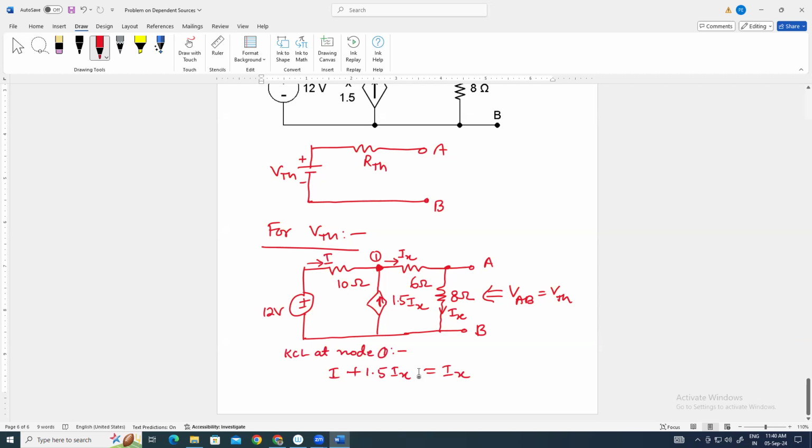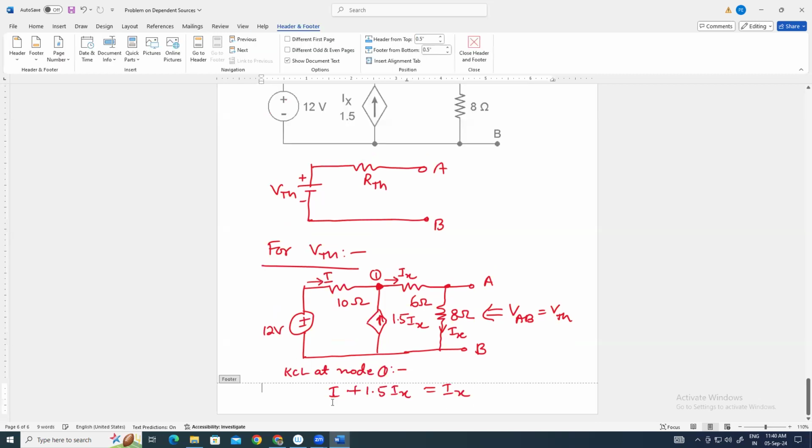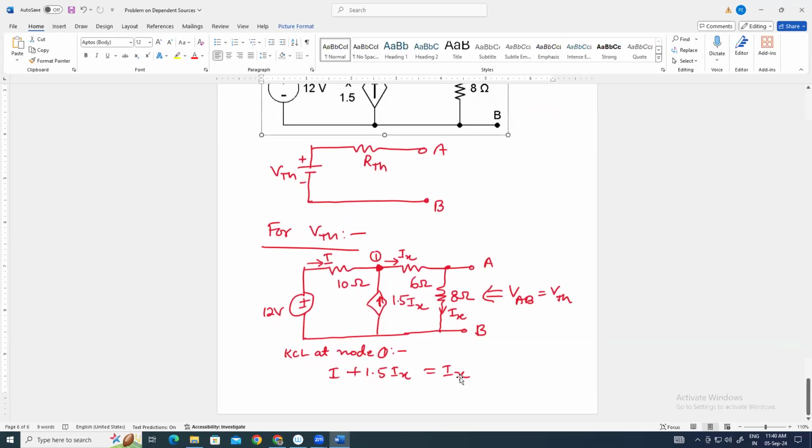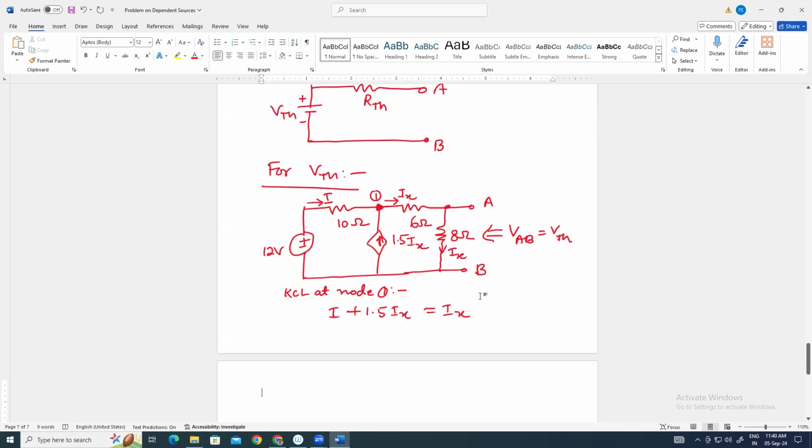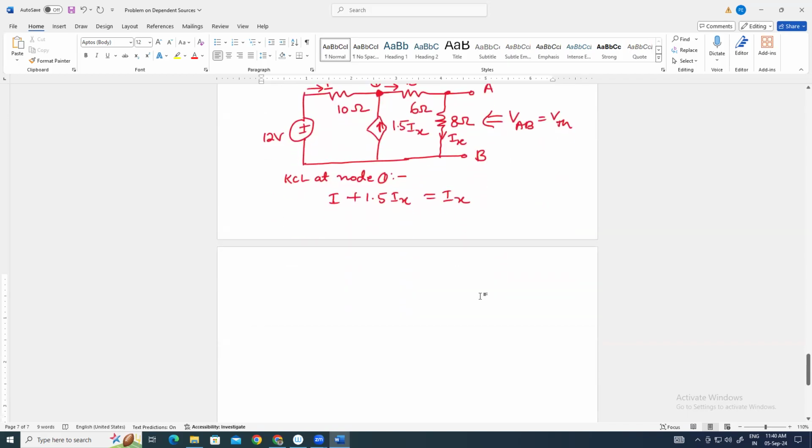Okay, so it means I is nothing but I is equal to minus 0.5 Ix.